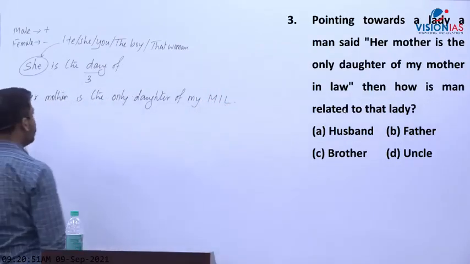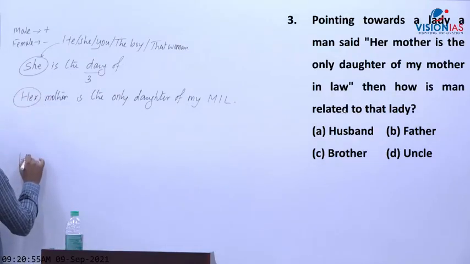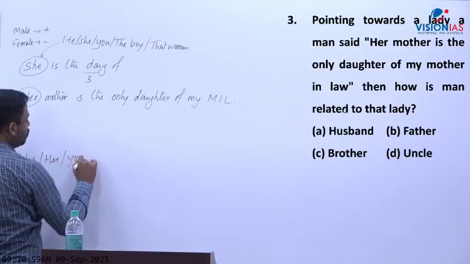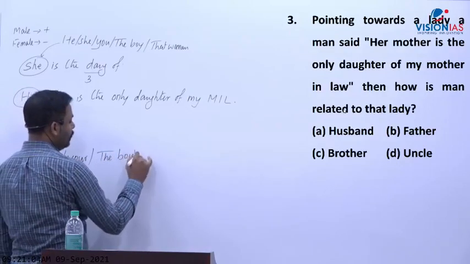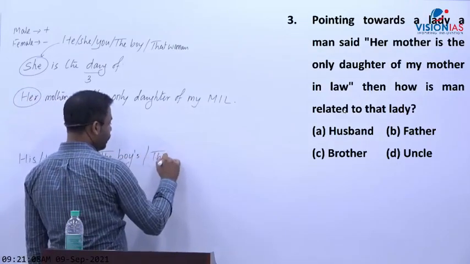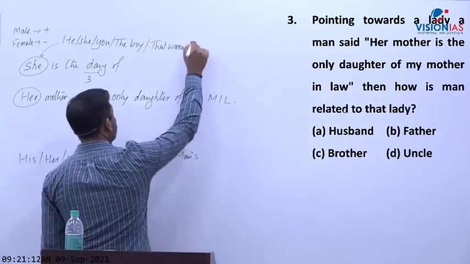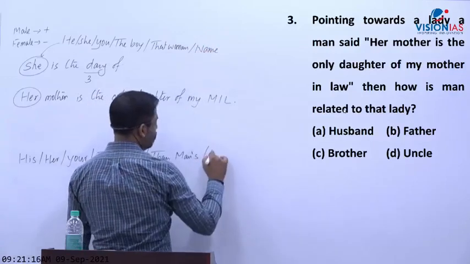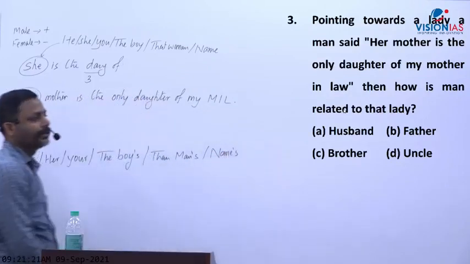So whenever a statement starts with terms like his, her, or instead of you, your, or the boy's, that man's with an apostrophe s, and here you can add a name as well, a name with an apostrophe s.